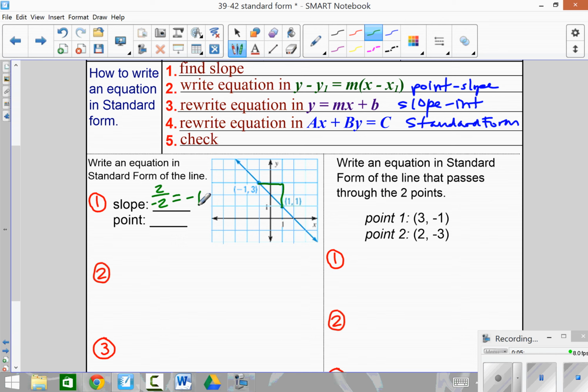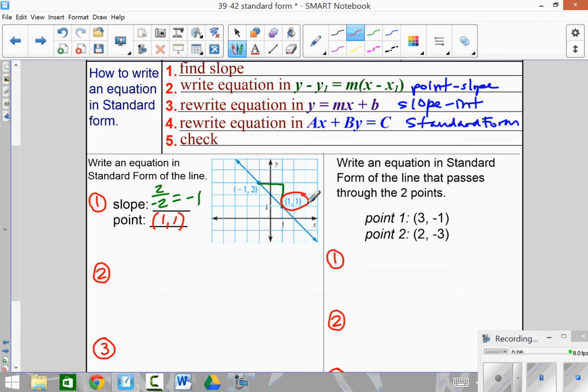Okay? Second step, we need to write an equation in point-slope form. Well, we already have the slope, we need to actually use an ordered pair now. So let's use the easiest ordered pair that we see. Let's choose the ordered pair 1, 1. If you chose negative 1, 3, in the end, everybody gets the same answer. There's just multiple ways to go about this. Use the ordered pair that's easiest for you.